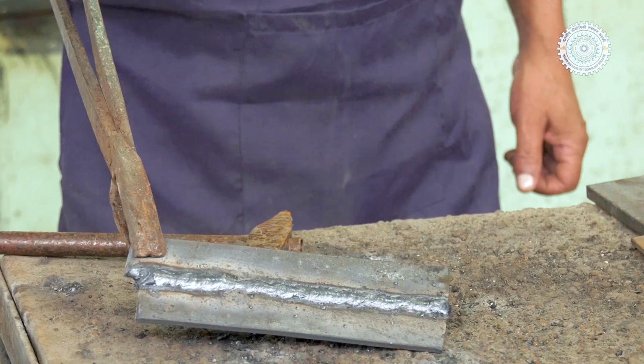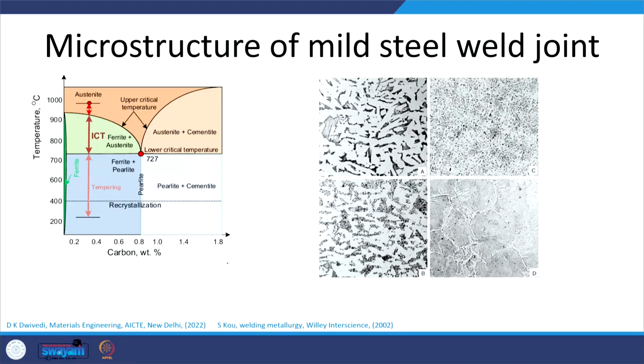Say the weld joint has been developed and a transverse section has been prepared like this, and then we try to study its weld thermal cycles at point 1, point 2 and point 3. At point 3 the temperature will be maximum and the cooling rate will be high. At point 1 it will be a little lesser and the cooling rate will be lesser, and at point 2 it will be further lower.